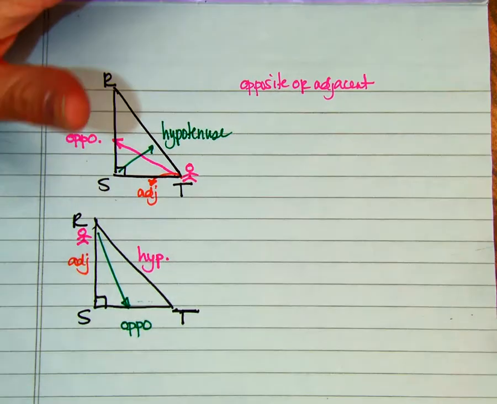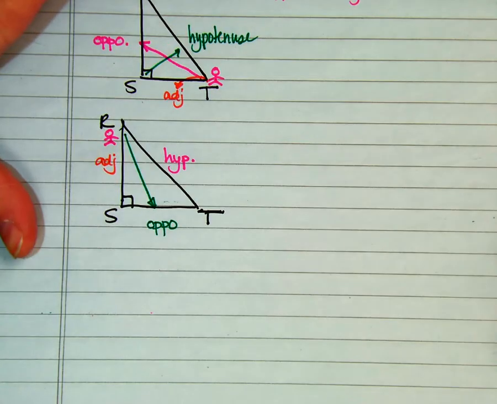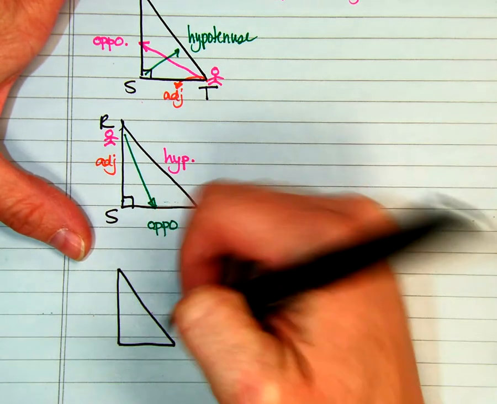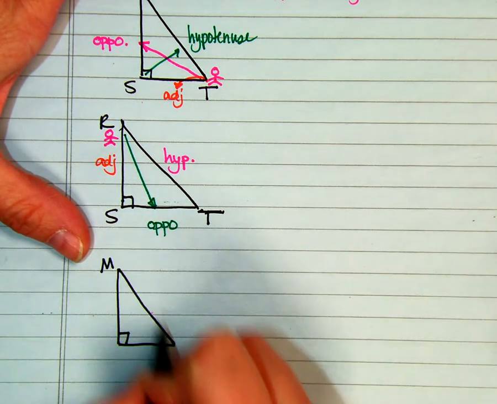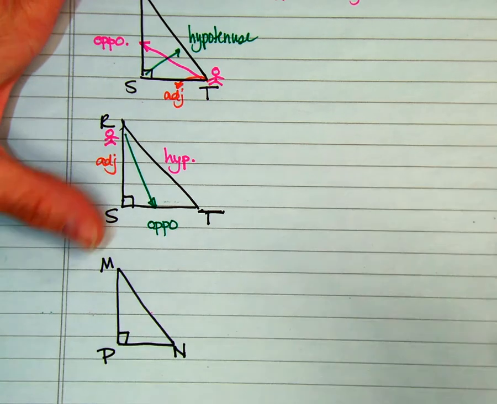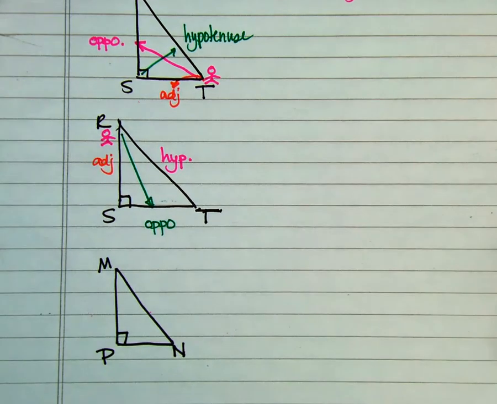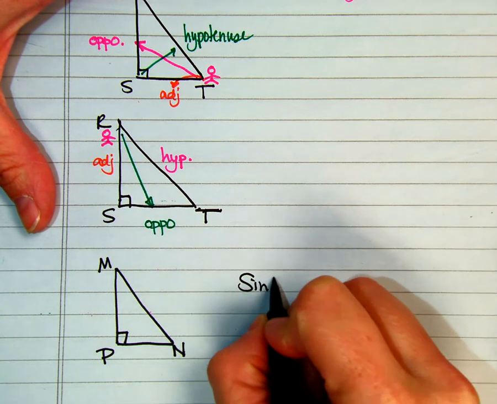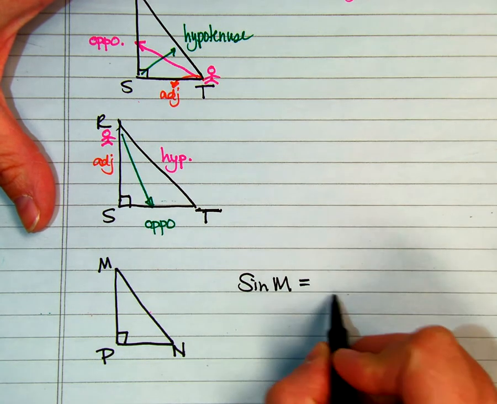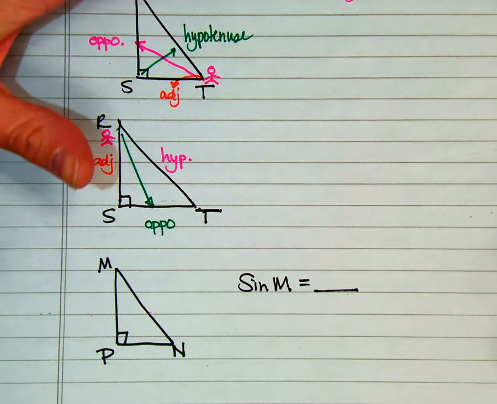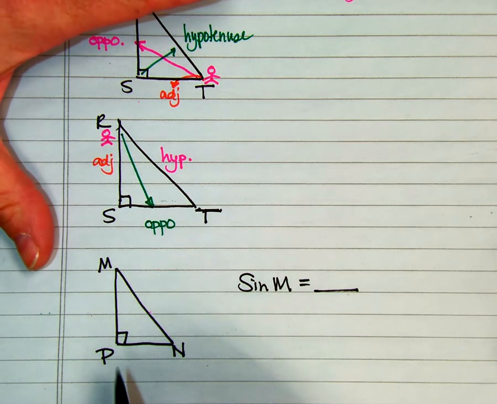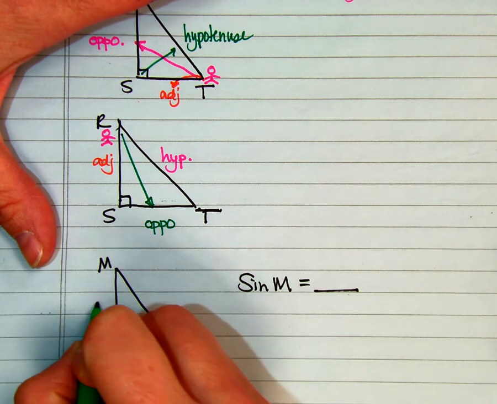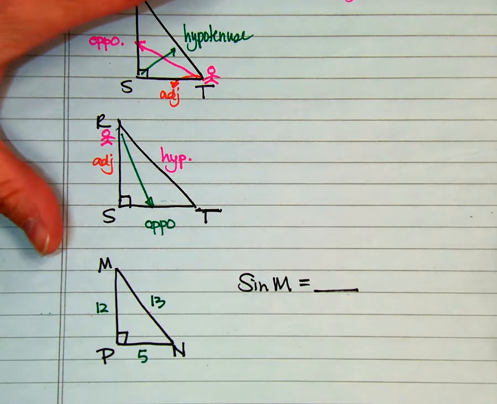Okay, so if I have a triangle, let's create some new letters here. If I have M, N, and P, and I'm just looking for the ratio. So I want the sine of M. And let's just put some numbers in here. Let's do a 5 and a 12 and a 13.